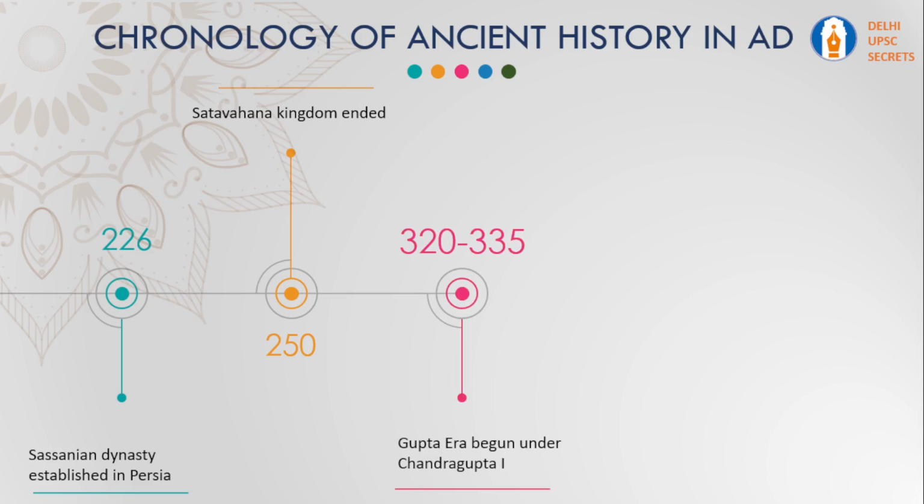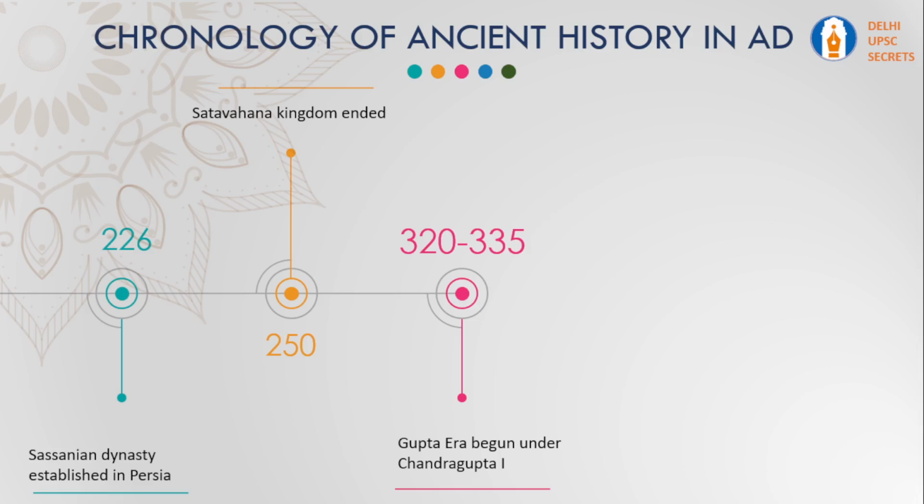Chandragupta. 320 to 335 AD is the period of early Gupta rule, where culture, scientific advancements, everything was happening. The Gupta Empire expanded like anything, and the revival of Hinduism and Sanskrit literature happens in this period.